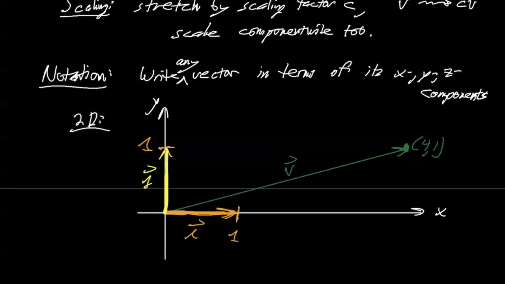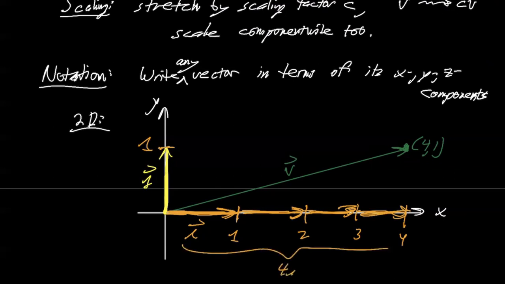If you think about what v is in terms of i and j, I'm really just doing 4 i's. Pretend these are all the same length. This whole thing right here is really 4i. And then I can just add 1j to it.